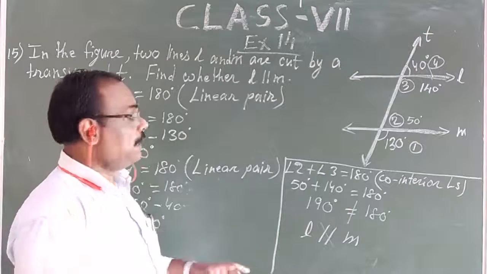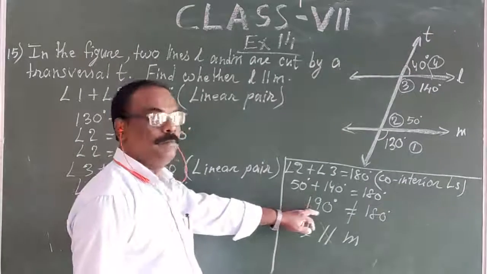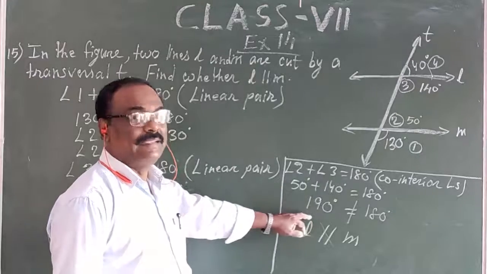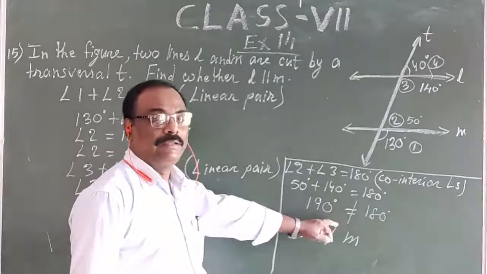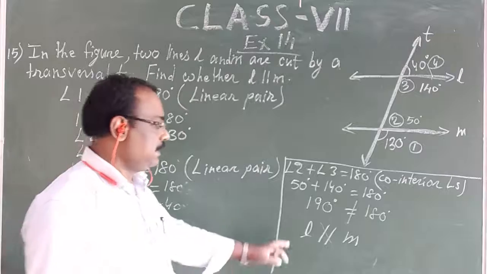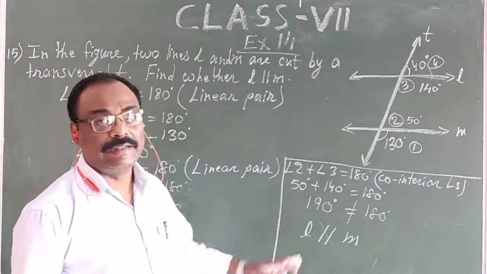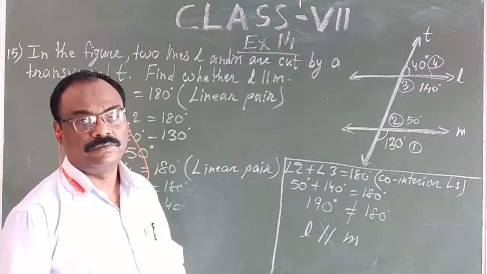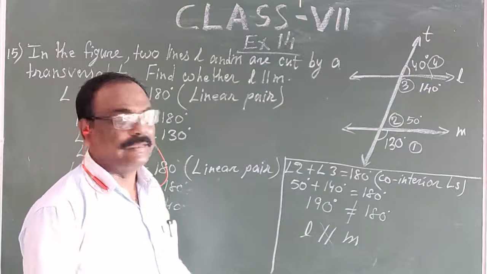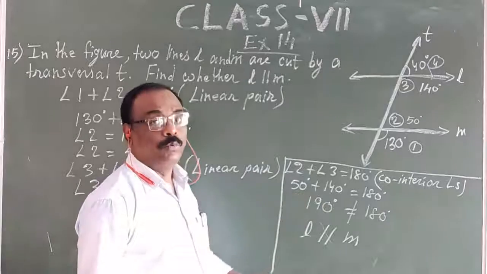If we would have got 180 equal to 180, then we would have written that L is parallel to M. But here we are getting different answers. One side I am getting 190, the other side 180.